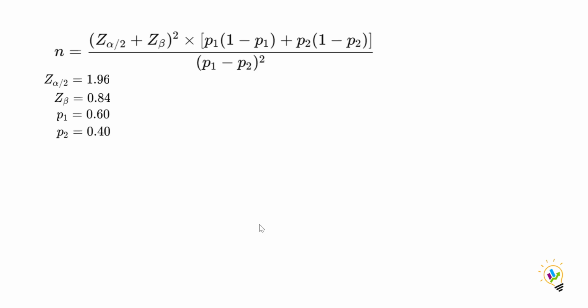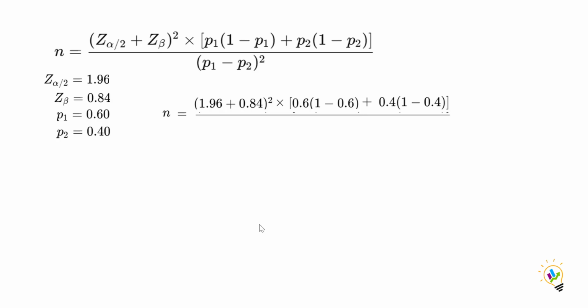Now, if we substitute these values, z alpha by 2 is 1.96, z beta 0.84, P1 0.60, P2 0.40 in the formula, then n is equal to (1.96 plus 0.84) to the power of 2 into [0.6 into (1 minus 0.6) plus 0.4 into (1 minus 0.4)] divided by (0.6 minus 0.4) to the power of 2.